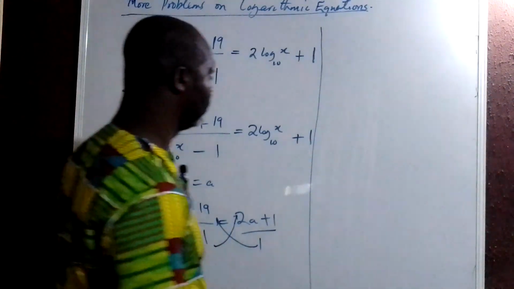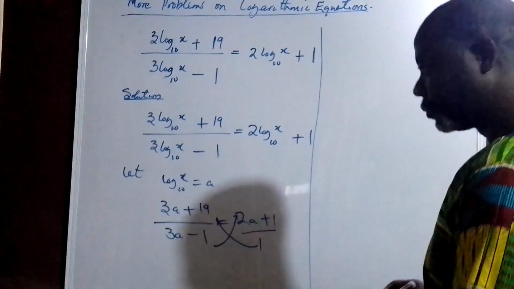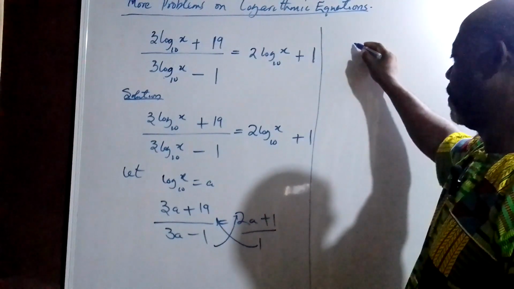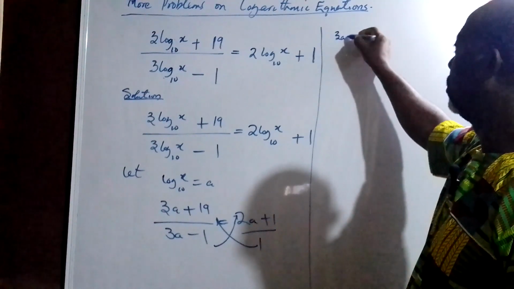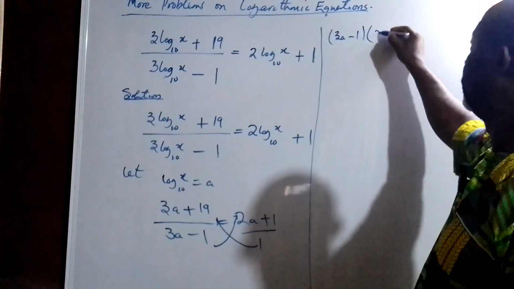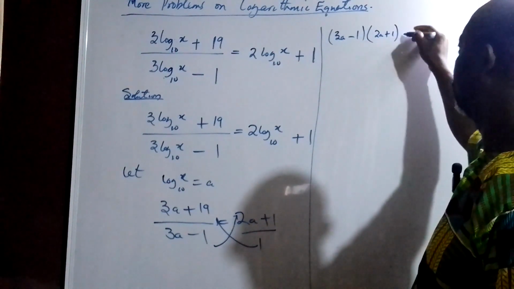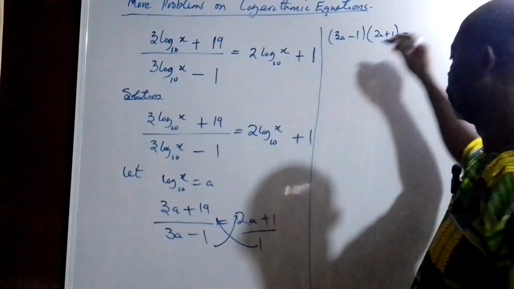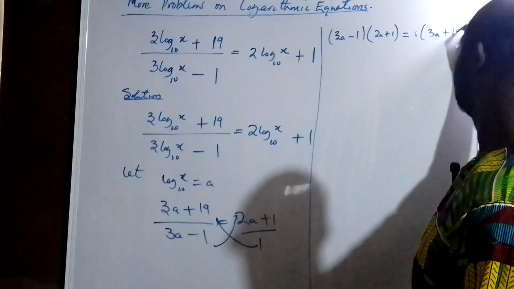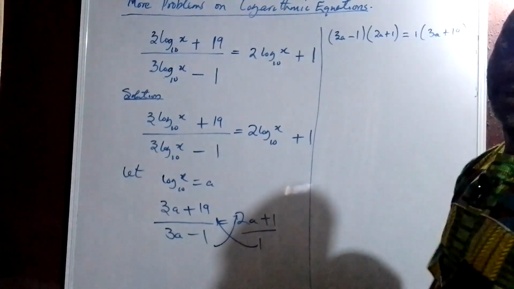So once that is done, what we are going to have will be 3a minus 1 in bracket multiplied by 2a plus 1 close bracket equal to 1 multiplied by 3a plus 19 close bracket.